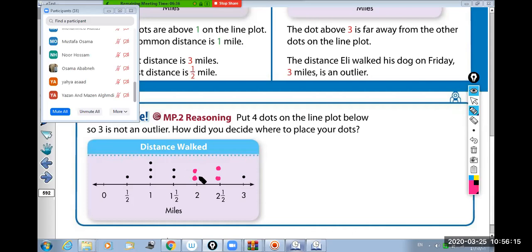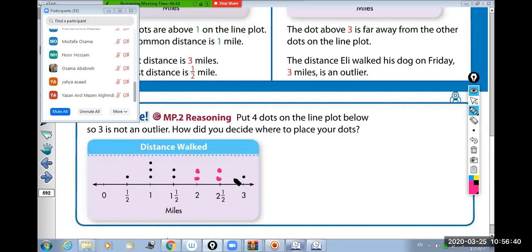See here that the space is reduced, so now the 3 is not an outlier. But if you raise the points, now the 3 is so far, so this is an outlier. How to make it not an outlier? I will fill in the space. Do you know what fill in the space means, Omar Abdul Salam? It means put here the 4 dots.